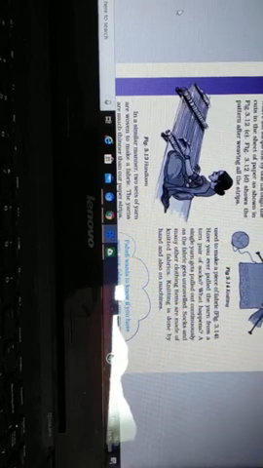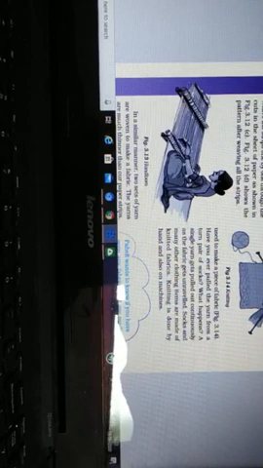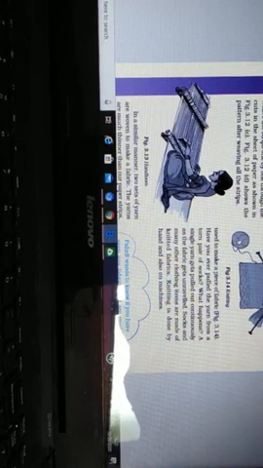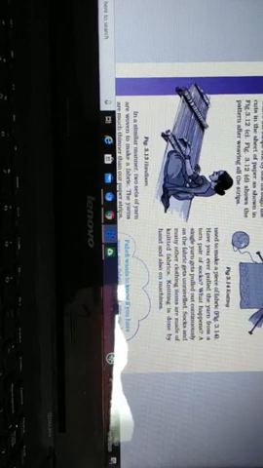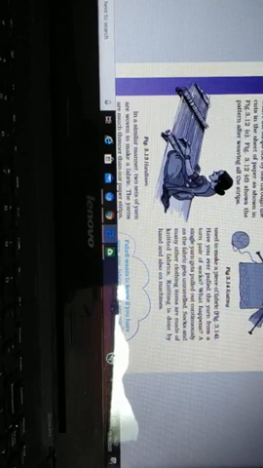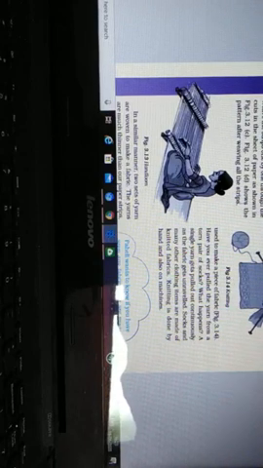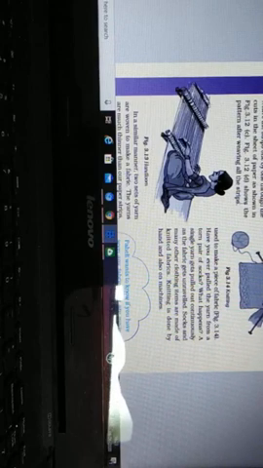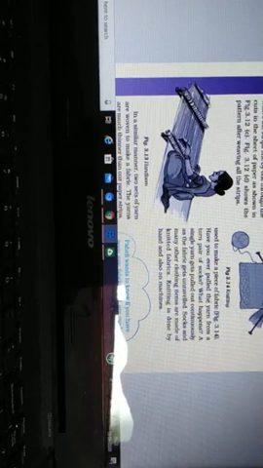But in knitting we are taking only a single, one yarn. See, this is the one yarn or one wool. With the help of these two rods we are making one full sweater or woolen cloth. See, used to make a piece of fabric.